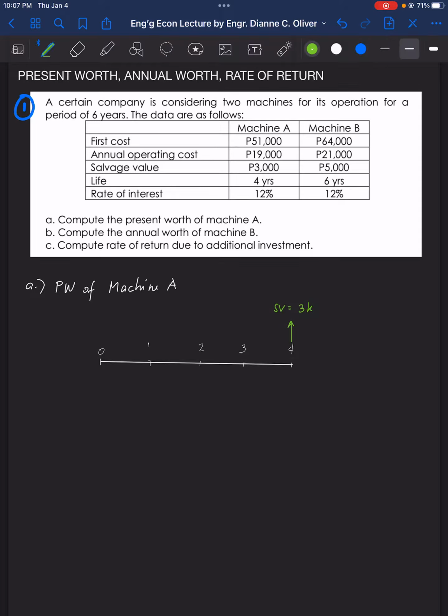So, first cost of 51K. And then we have annual operating cost of 19,000. So this is 51K and annual operating cost of 19,000 pesos.